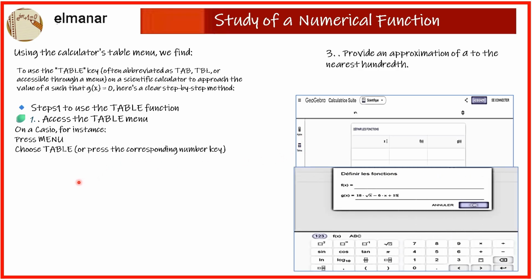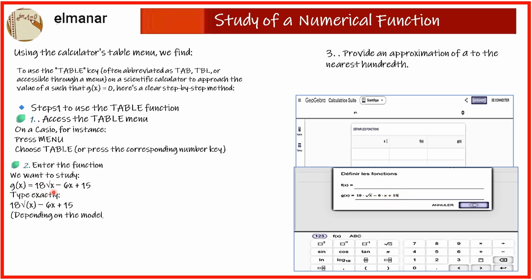Step 2. Entering the expression of the function g. We are working with the function g of x equals 18 times the square root of x minus 6 times x plus 15. You should enter this expression into your calculator as follows.